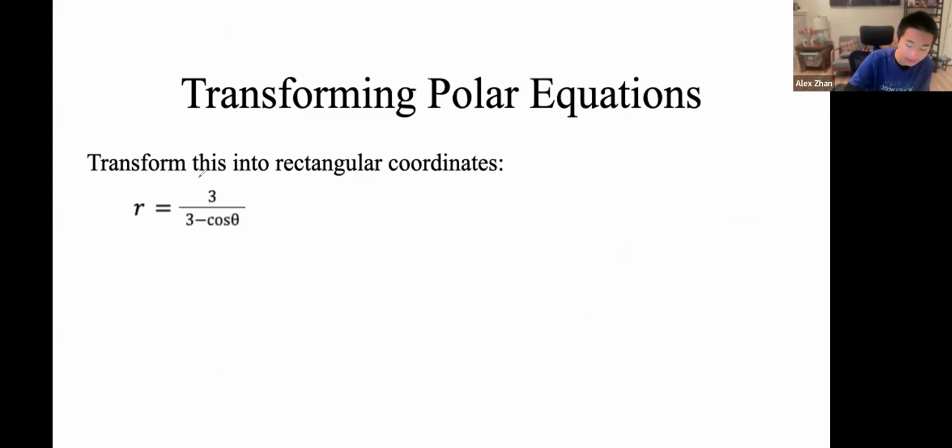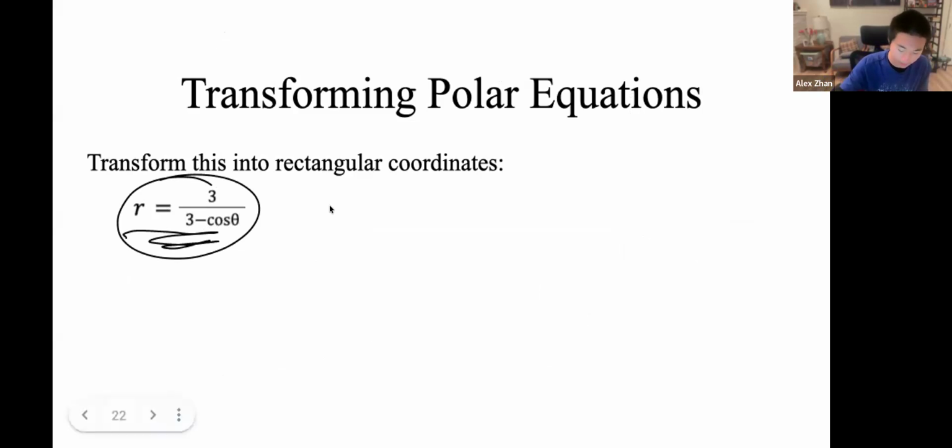Okay, so let's think about how we would use a similar method for this one. This problem should be similar to our previous problem. Do you still remember? It's very similar to this one. For this one, how would you do this? I'll also write down the formulas. So here are the formulas for you to remember: cosine theta.